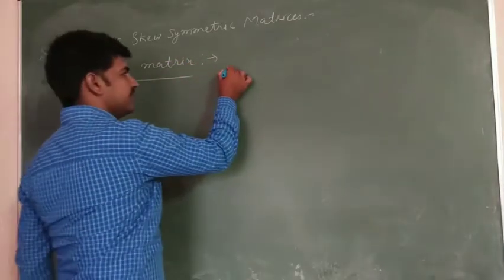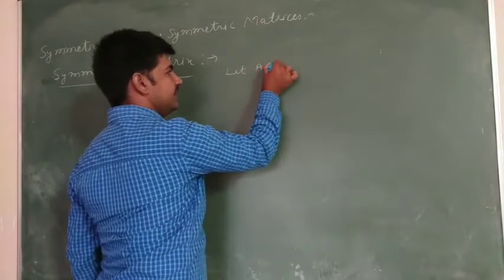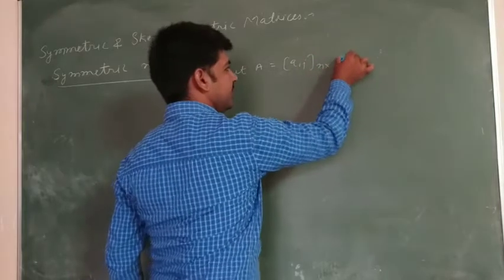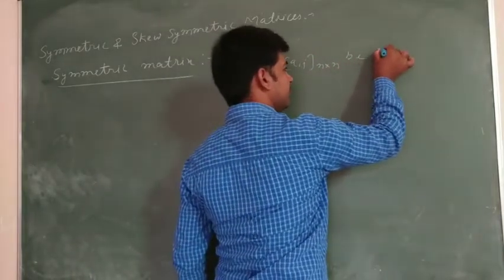Dear students, let A equal Aij, n by n, be a square matrix.